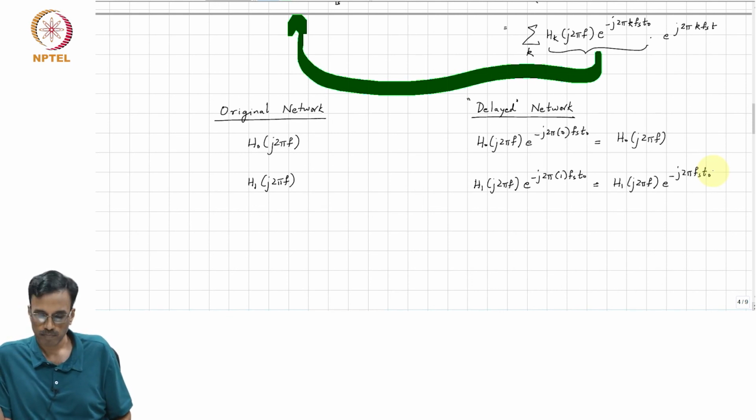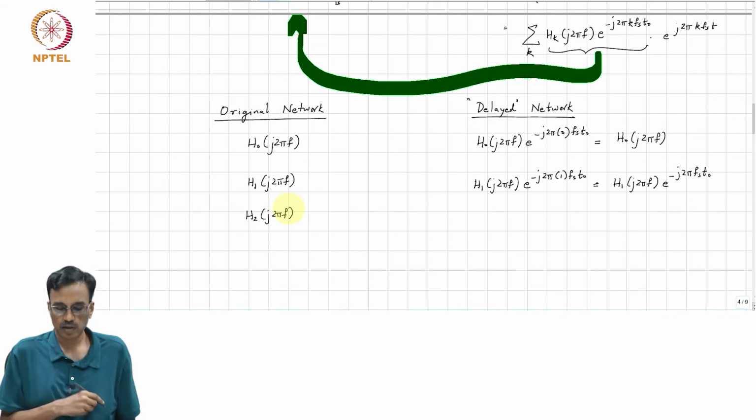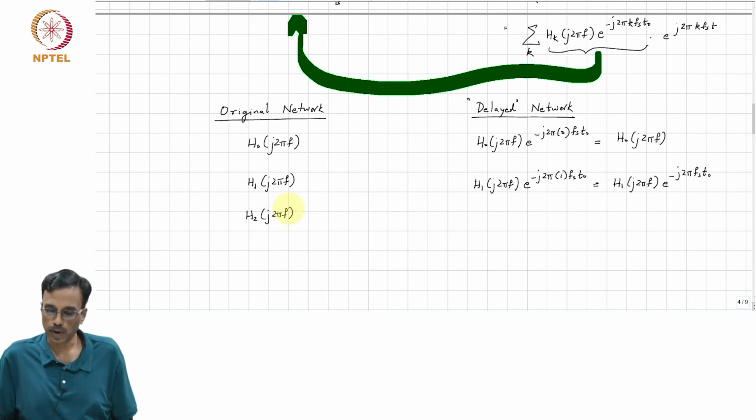Now, let us do the second order harmonic transfer function H sub 2 of j2 pi f.